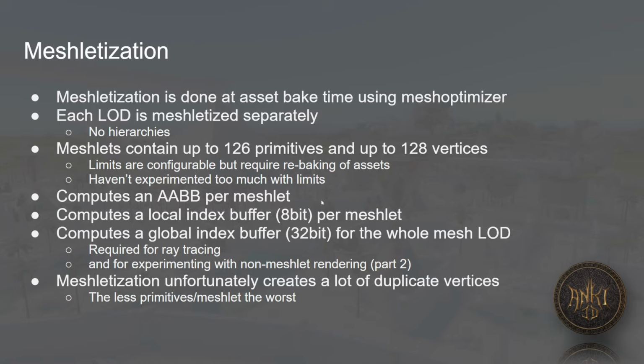Another reason is that we also generate this global index buffer because we want to play with meshlet rendering on and off. Basically we want to have the option to run them both and compare them. Unfortunately, meshletization creates a lot of duplicate vertices in some cases, but that's probably okay performance-wise.